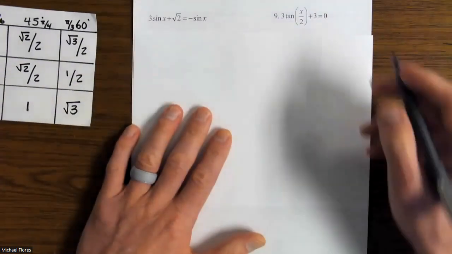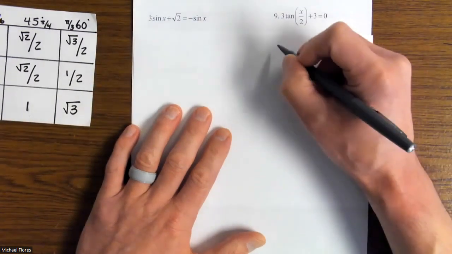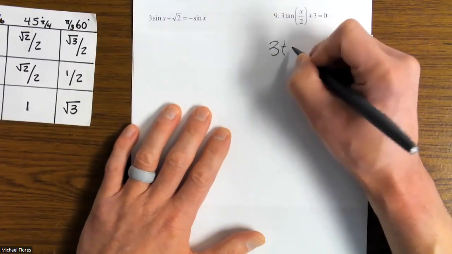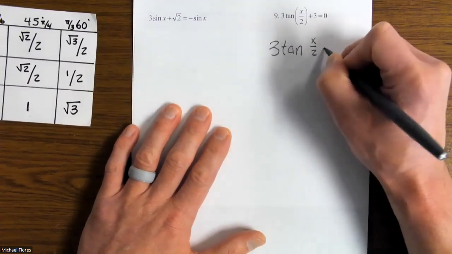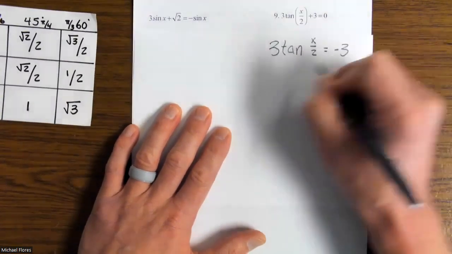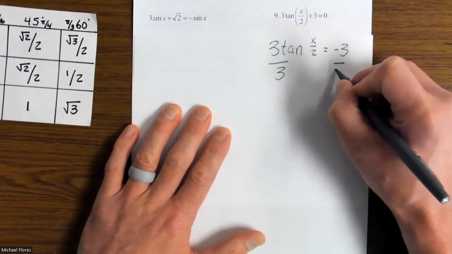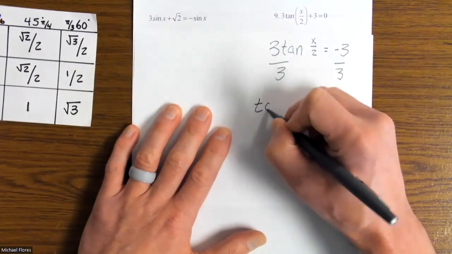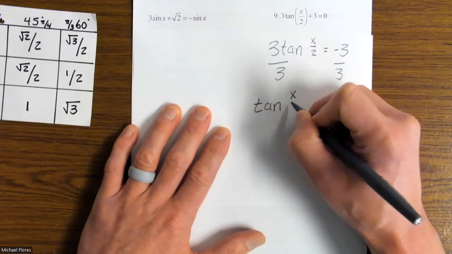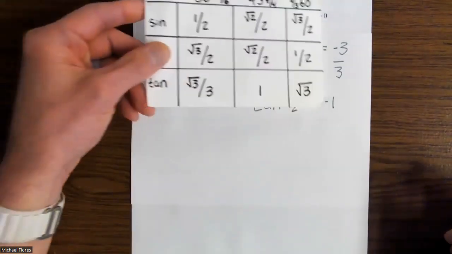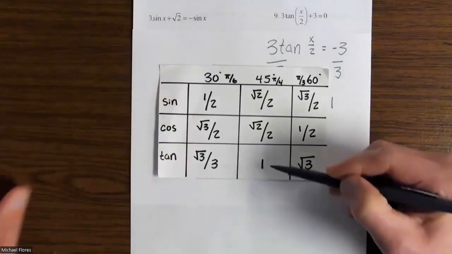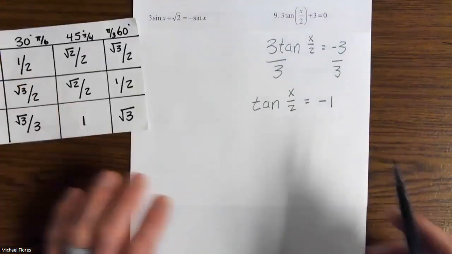Example 9, let's divide, not divide, I'm sorry. Let's subtract 3 from both sides first. Now divide away 3. Okay, in our trig chart, tangent is 1 in the pi over 4 family.